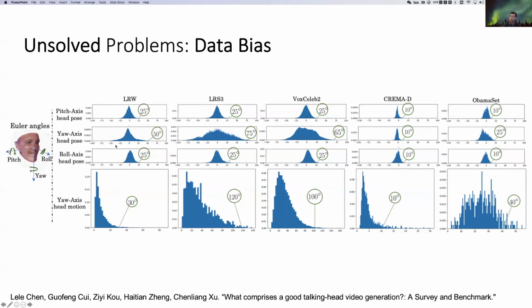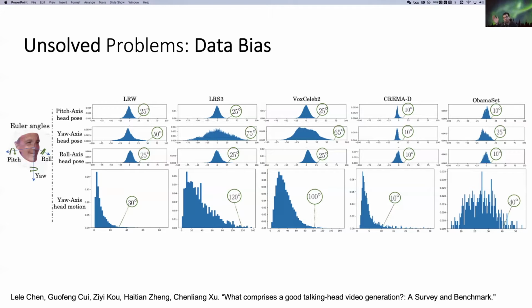Similarly for the yaw axis, you can see that different data sets contain different yaw ranges, especially the lab-controlled data set, which has a very small range of head rotations. We also studied the motion of the data sets, and you can clearly see that some data sets only contain a very small range of motion.